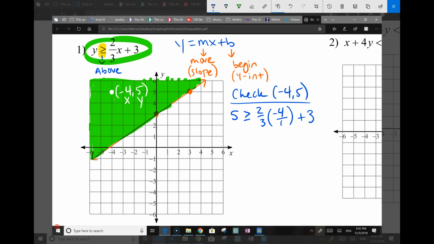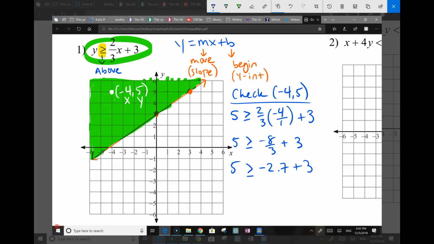Now, when you multiply, what you get is 5 greater or equal to negative 8 over 3 plus 3. I can go ahead and turn this into an approximate decimal, and that would be 5 is greater or equal to approximately negative 2.7 plus 3.